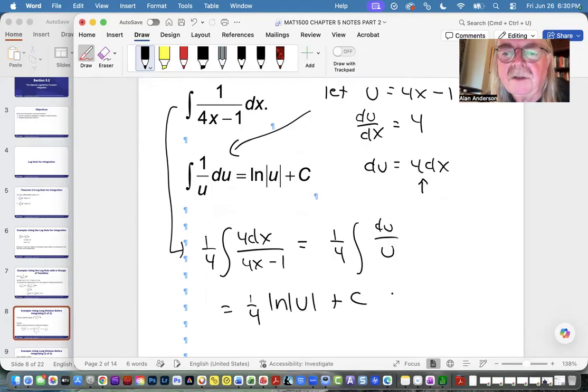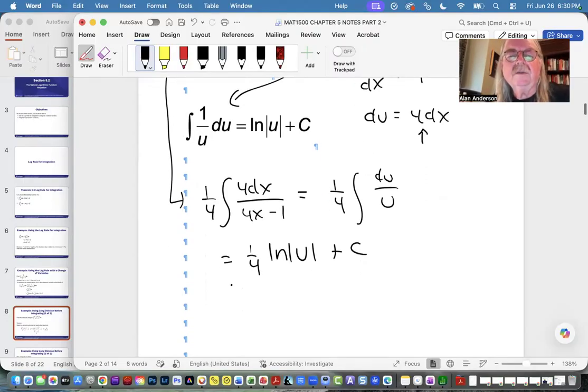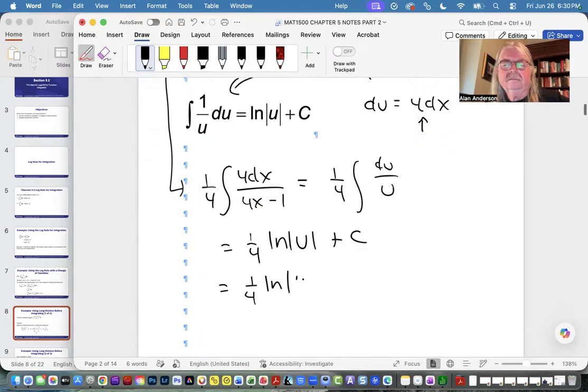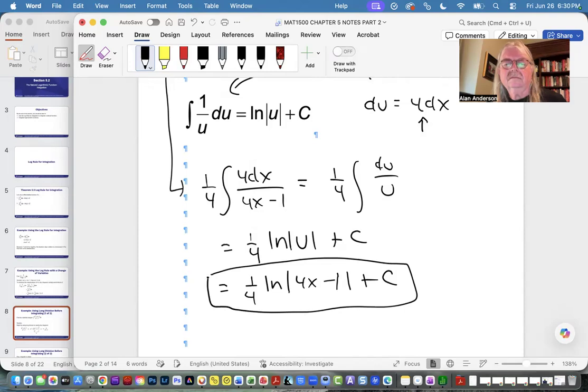Plus c because these are indefinite integrals. And of course, then we have to replace the u with the definition, which is 4x minus 1. And because the 4x minus 1 could be negative, we'll leave it with absolute value signs. Okay, let me just neaten that up a little bit.